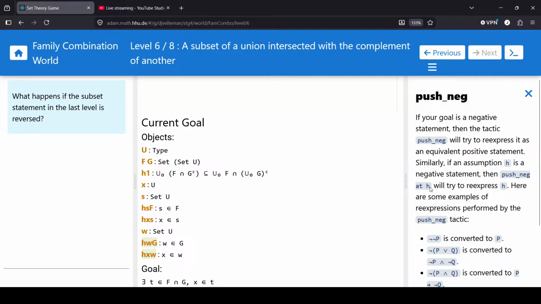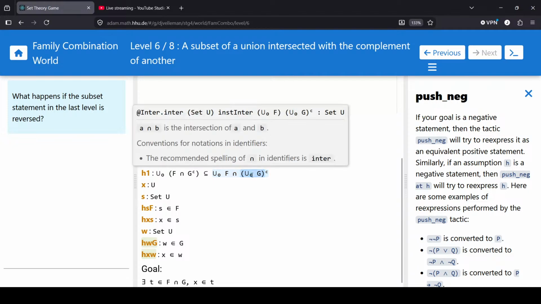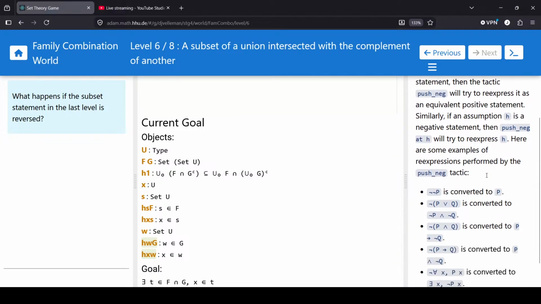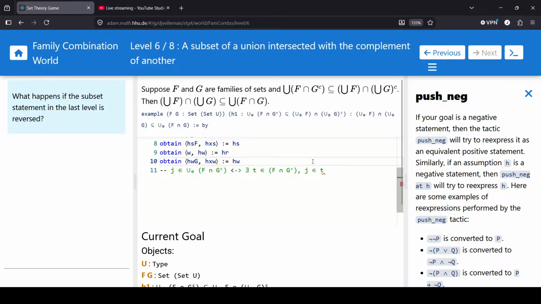An assumption H is a negative segment. Push negative H, we'll try to express H. I think I might be able to do something here if I rewrite this. Maybe. Can I push negative H1? No.